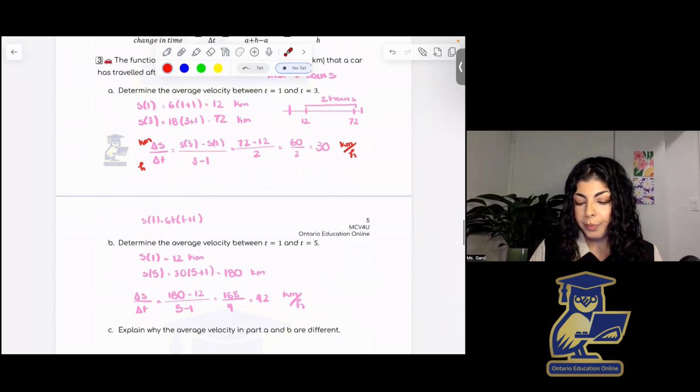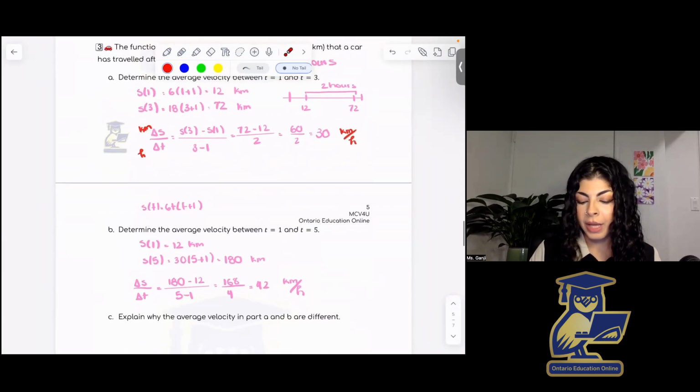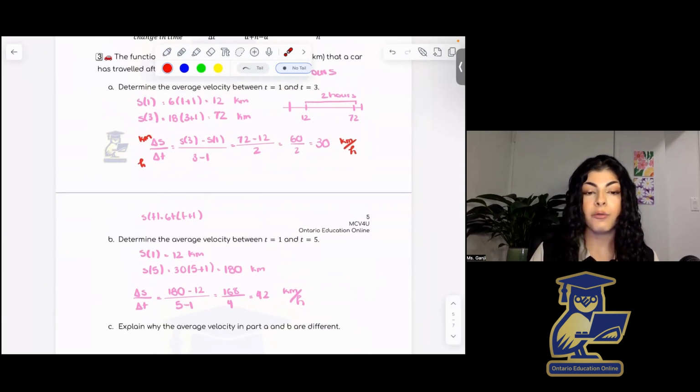And so if we consider between t equals 1 and t equals 5 that it has an average velocity of 42 kilometers per hour, we can probably conclude that in the last 2 hours, from t equals 3 to t equals 5, they probably sped up a bit, and that's why their average velocity increased. They probably actually sped up way more than in the first 2 hours to achieve an overall higher average velocity.